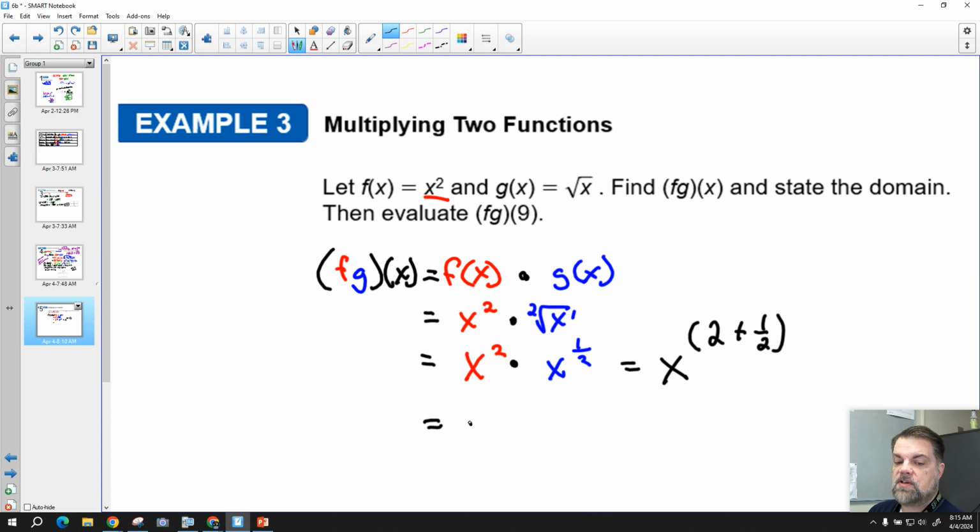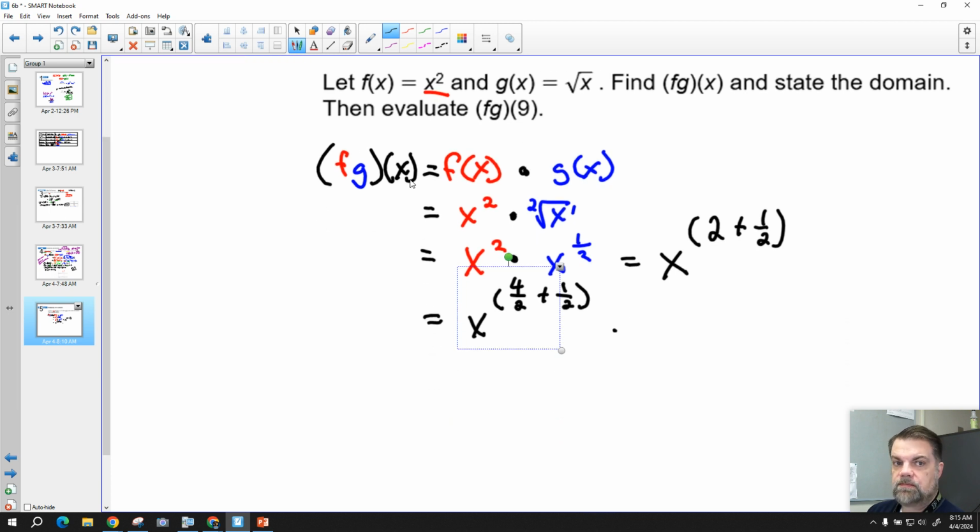So could I do x raised to the 4 over 2 plus 1/2? Doesn't 4 over 2 reduce down to 2?